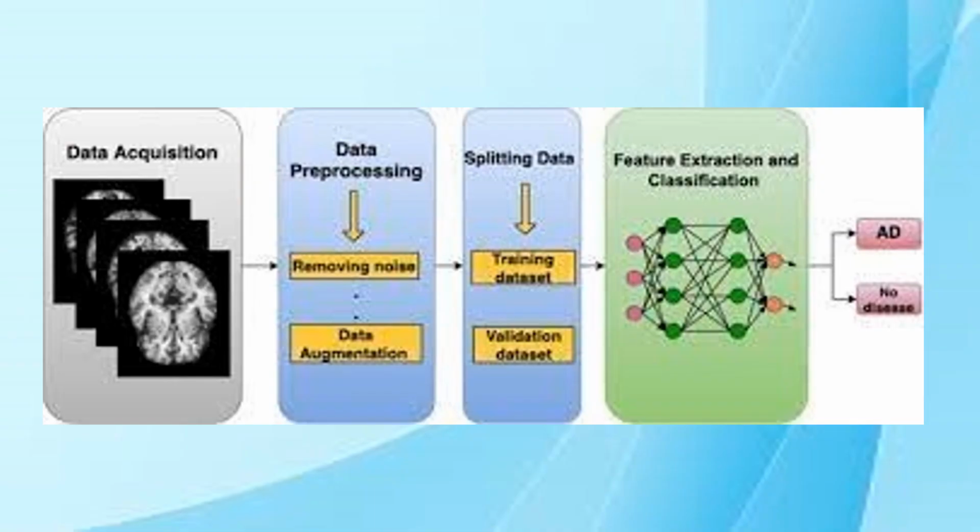This is a brief flow chart of the detection of Alzheimer's. The MRI scans of the Alzheimer's disease patients will be categorized under various datasets, and data pre-processing will take place, and in the process of data pre-processing, noise removal takes place.